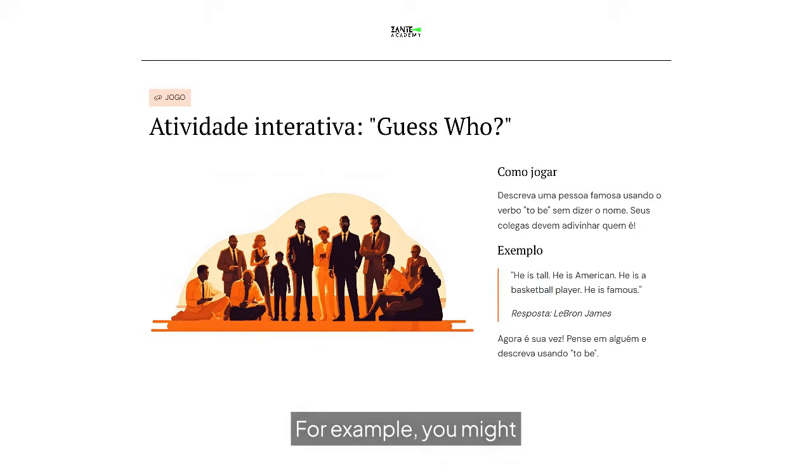For example, you might say, he is tall, he is American, he is a basketball player, he is famous. Can you guess who that is? Yes, it's LeBron James. Notice how this game allows you to practice forming sentences with to be in a playful and engaging way.